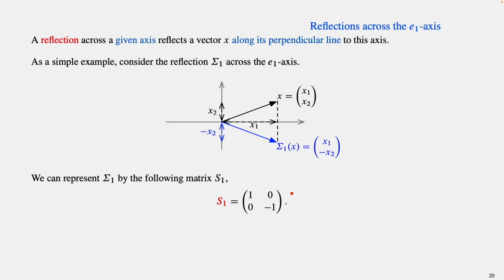So this is a multiple of the first canonical basis vector E1, and this will just be multiplied by 1, 0. So it will be mapped to itself, whereas any vector lying on the E2 axis will be mapped to its negative, which is reflected by this entry in the matrix here. Maybe compute some examples to fully convince yourself of this.